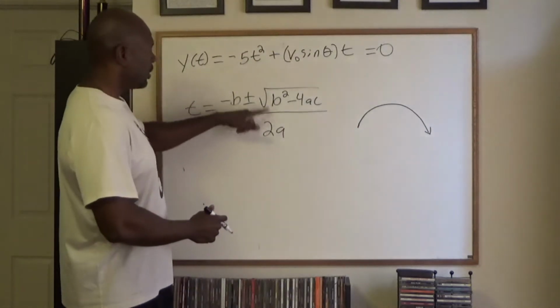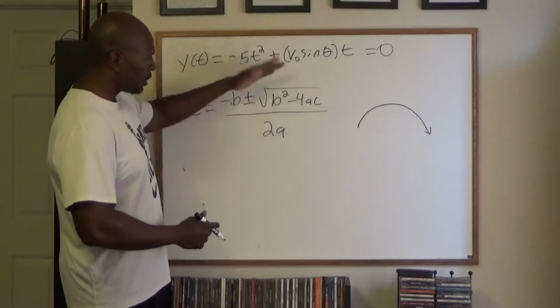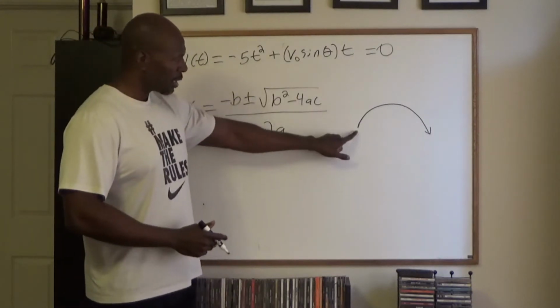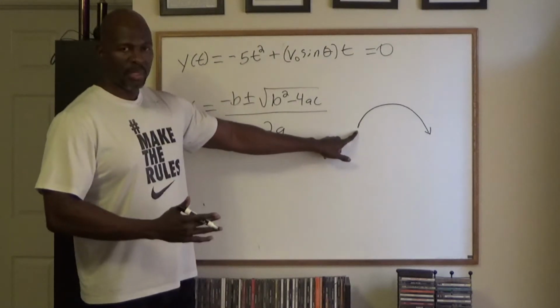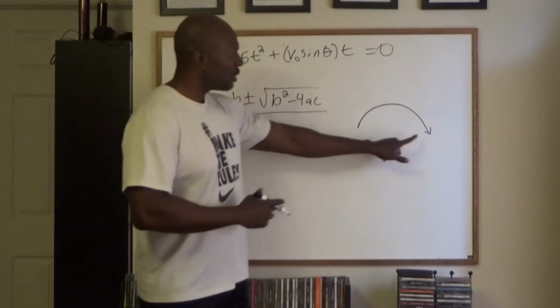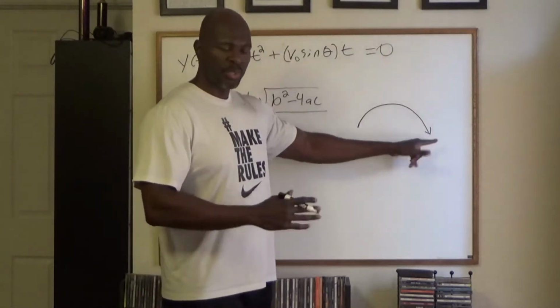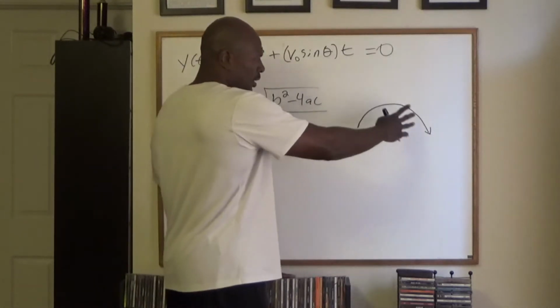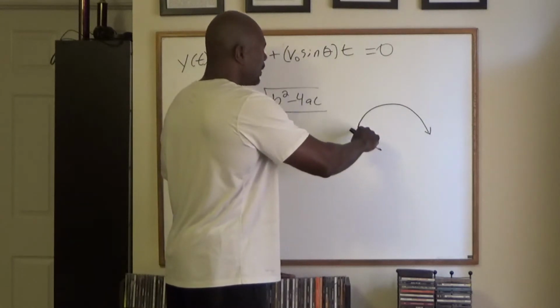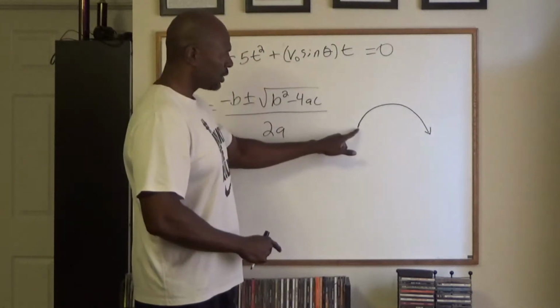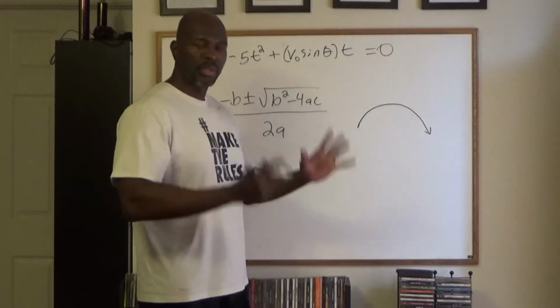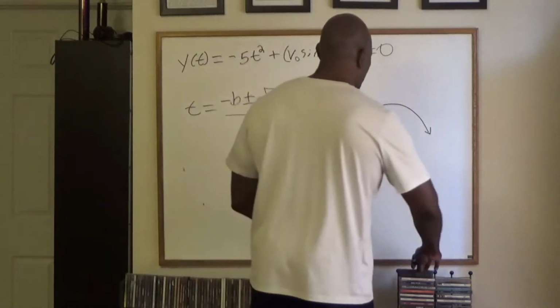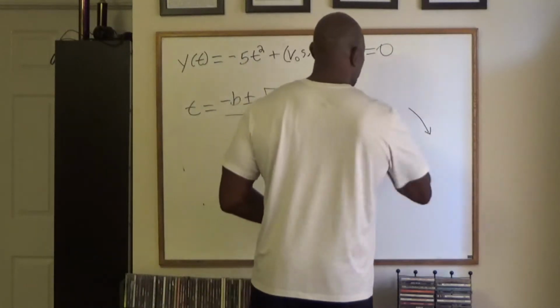So this quadratic equation is going to give me two solutions. One of the solutions is going to be 0. That's not the solution I'm concerned with. The other solution is the one I'm concerned with. So we're going to discard that particular solution.